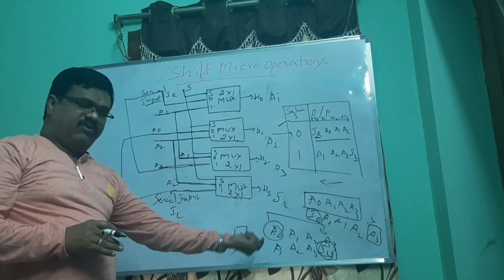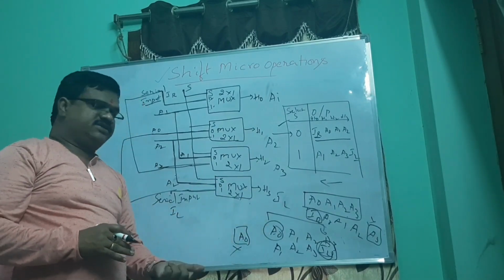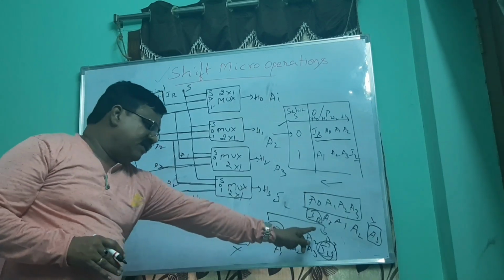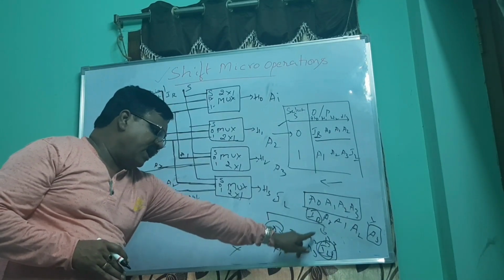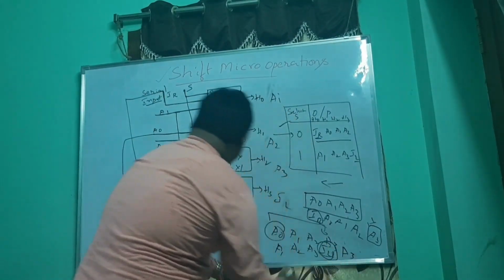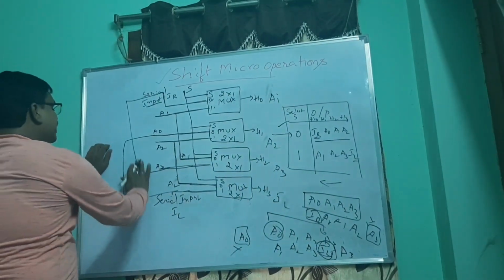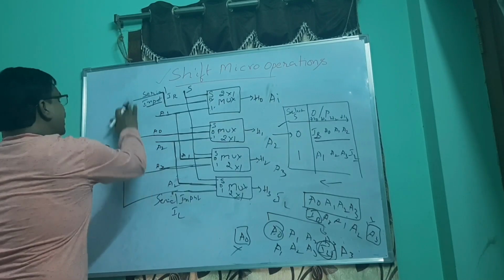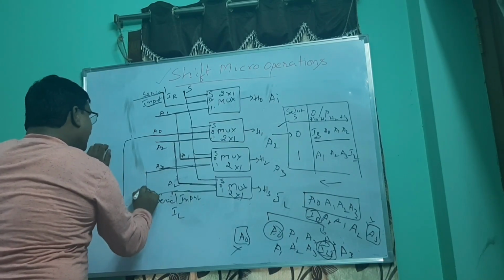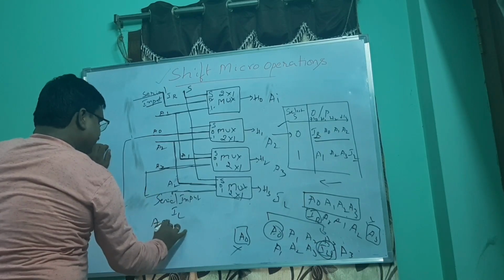Whatever you are going to discard, that same A0 will be discarded, and this A3 which is moved to here will be transferred as it is in the place of IL. So wherever IL is there, A3 will be connected to IL for the arithmetic shift.